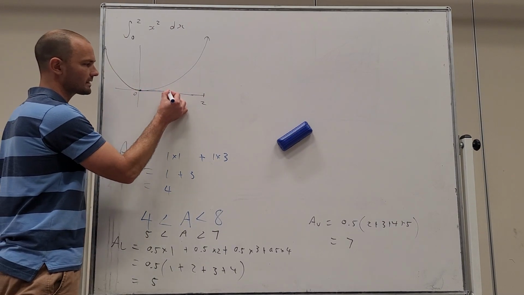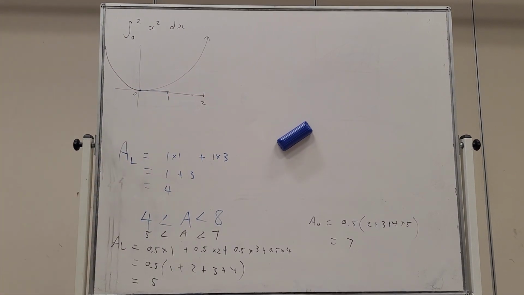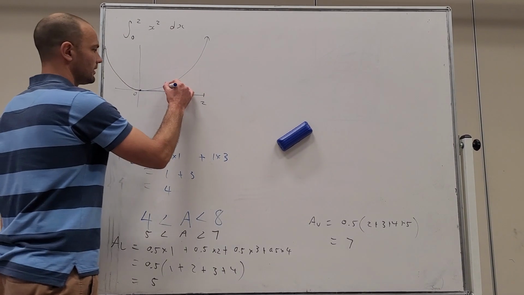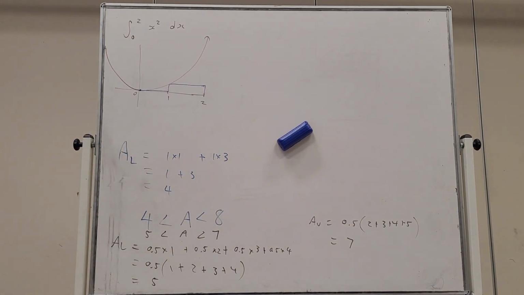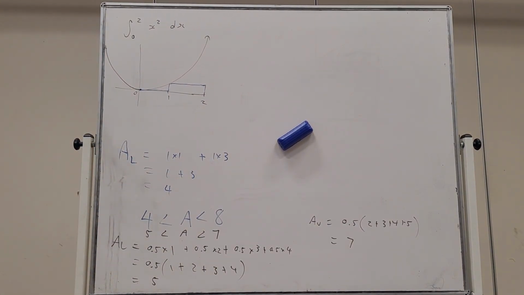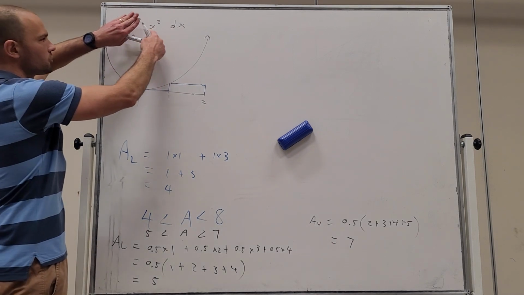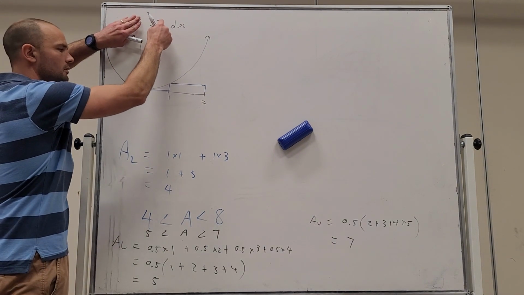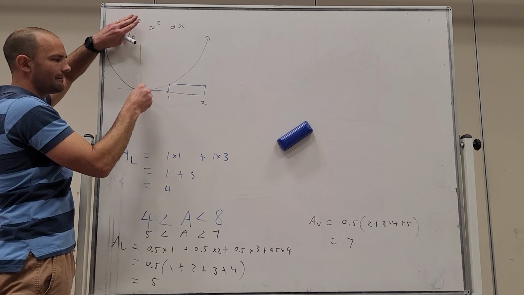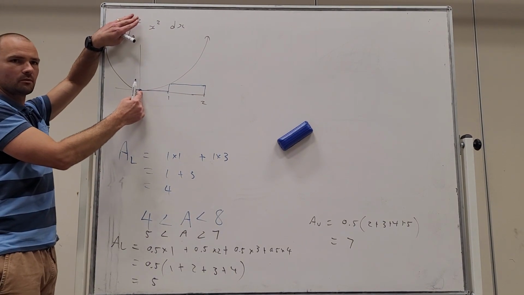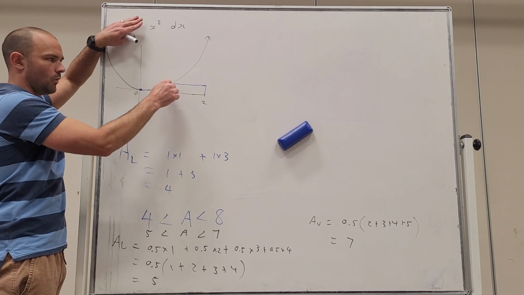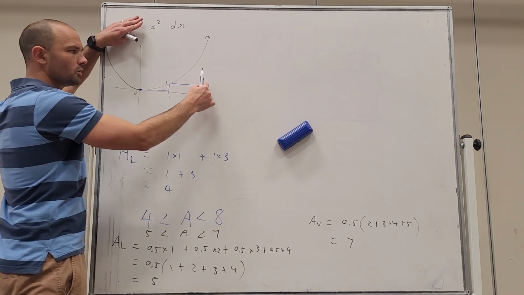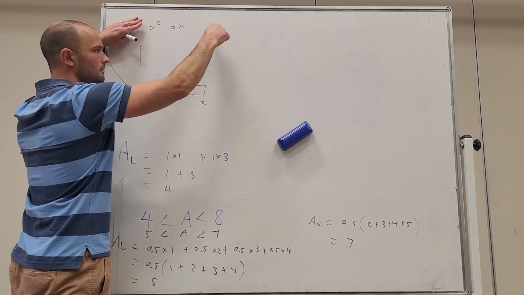So my first rectangle actually has a height of 0. And here's my second rectangle. Now remember, the y value is just equal to the x value squared. So when x is 0, 0 squared is 0. When x is 1, 1 squared is 1. When x is 2, 2 squared is 4.